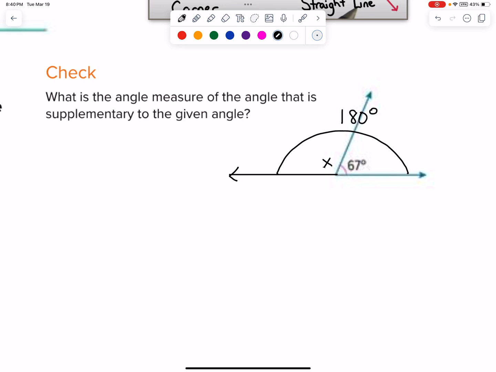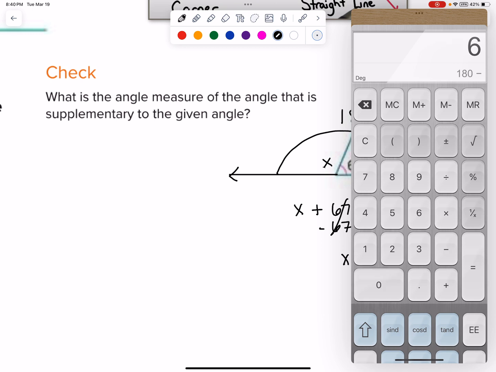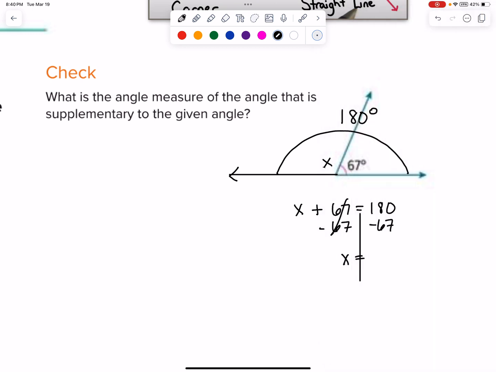You could just do 180 minus 67 to solve that missing piece, or it could look like this: x plus 67 equals 180, and you're going to get to that same thing. So minus 67 minus 67, and you end up with x equals whatever that is. 180 minus 67 is 113.